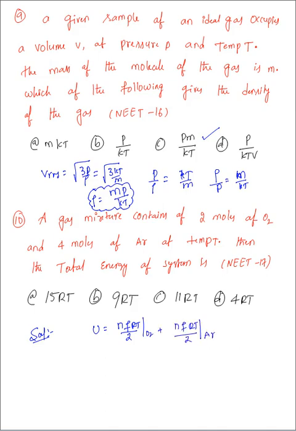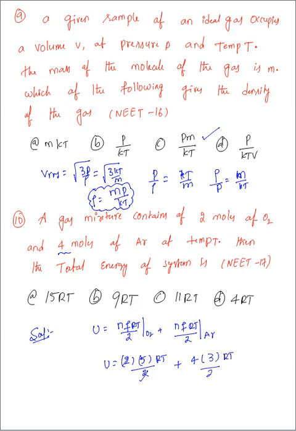which they given in the question. So U equals number of moles for oxygen, which is 2. Oxygen is a diatomic molecule, number of degrees of freedom is 5, so 5RT by 2. These two will get cancelled, plus number of moles for argon, which is 4. Argon is monoatomic, so 3RT by 2.